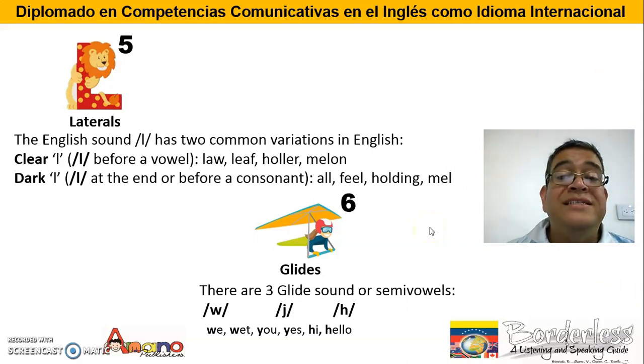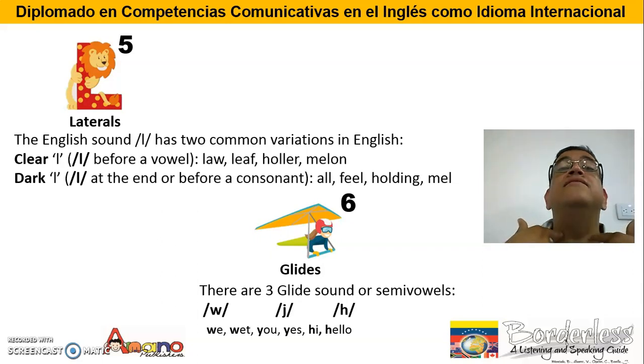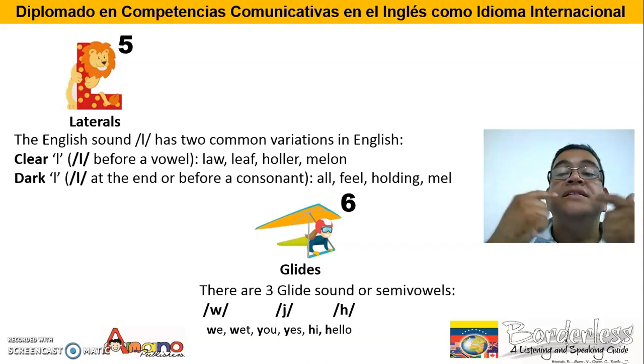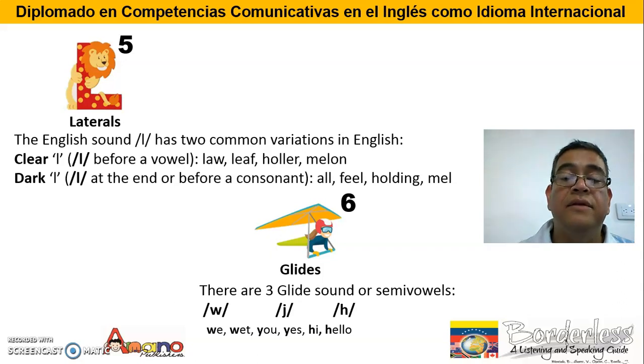Well, moving into the sixth group, we have the glide sounds. I put a hand gliding here because they are produced very easily, and they don't require that complex movement in our vocal device. Our vocal device is formed by our throat, cheeks, lips, tongue, teeth, palatal, all the parts.